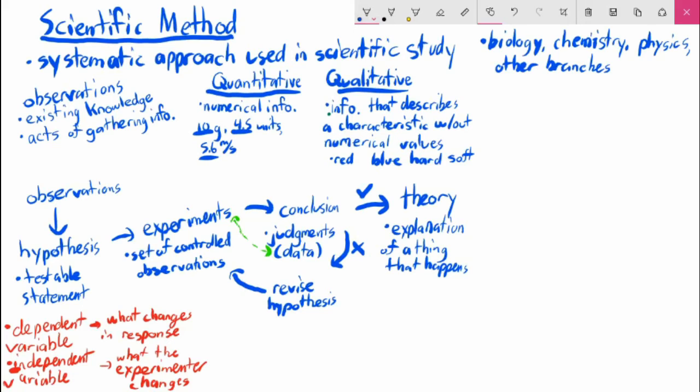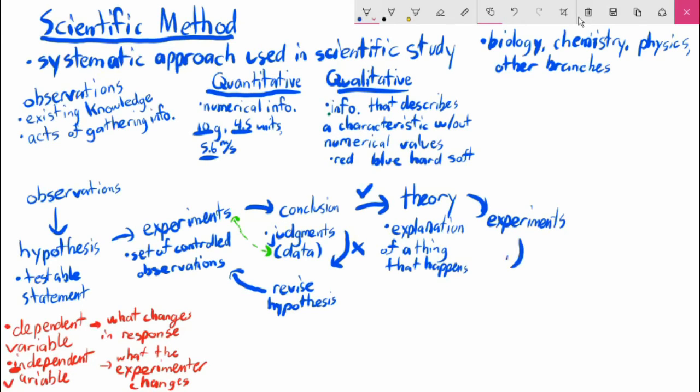So, from a theory, we move into the next stage, because like a hypothesis, a theory is subject to experiments because scientists want to test it even more. And they love checking and rechecking as to whether something is correct. If the theory is supported, it remains a theory.